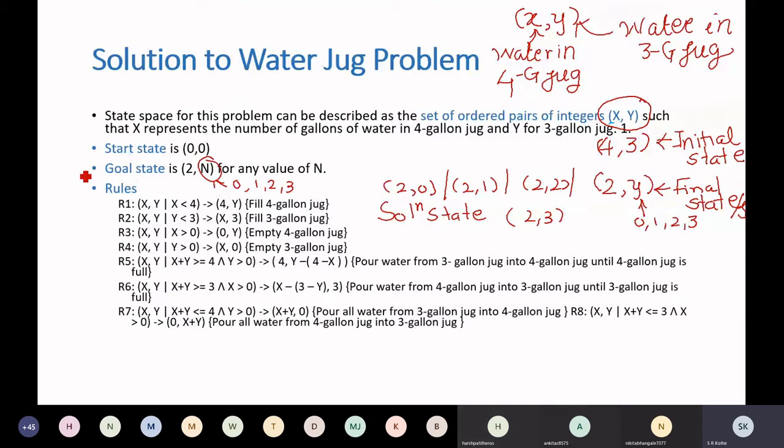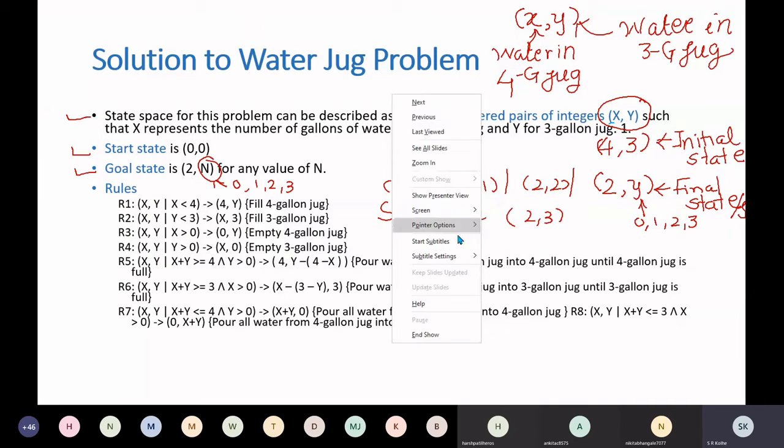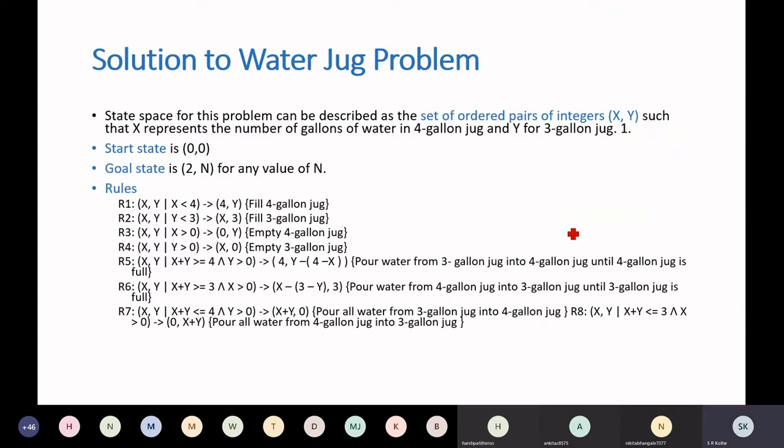So we are up to this point that we have defined goal states, we have defined start states, and we have defined the state space. State space means all possible states. What are all possible states for this problem? If you try to define initially, if both are empty, then it will be (0, 0). Then other possibilities (0, 1), (0, 2), (0, 3).